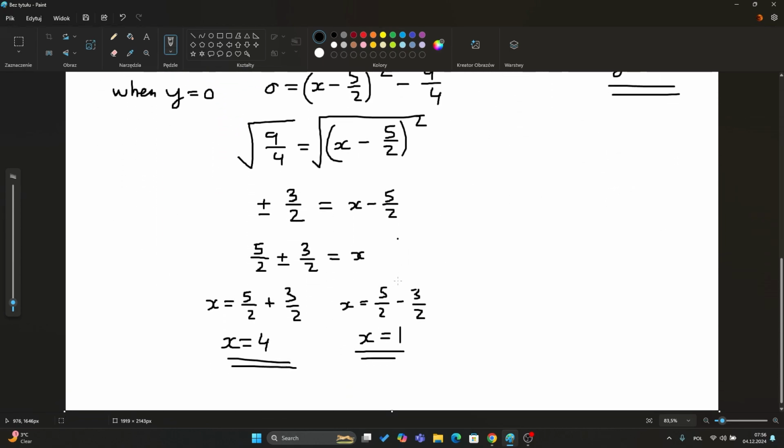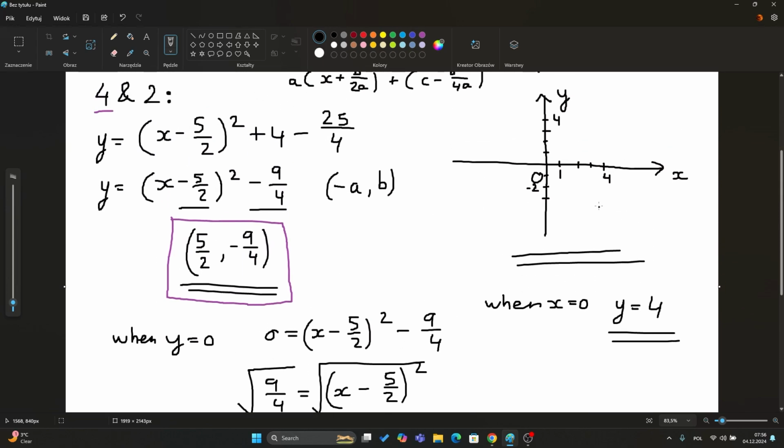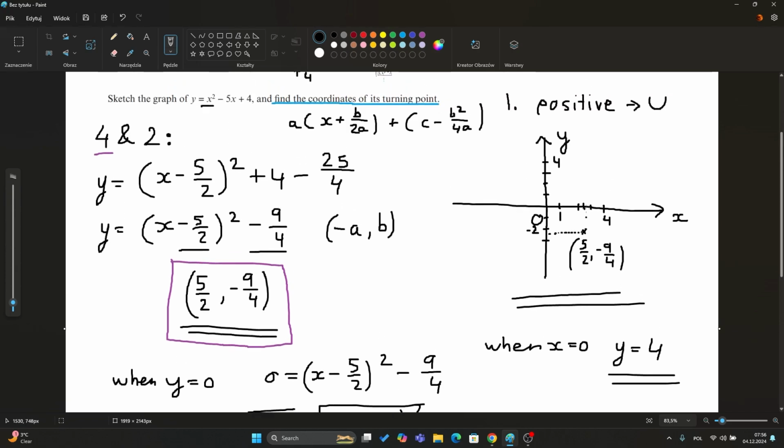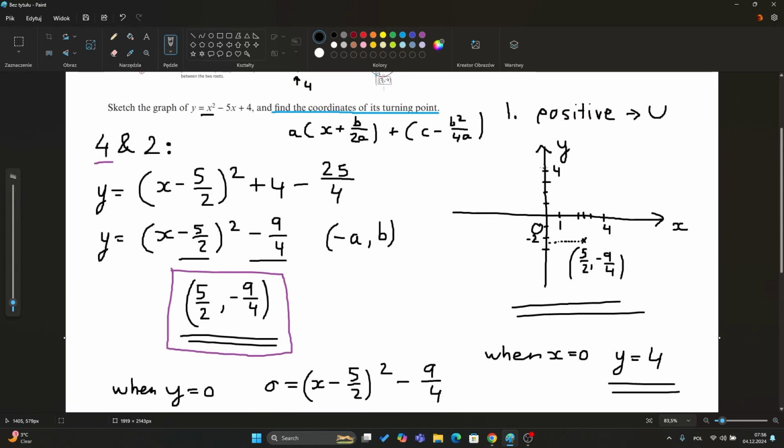Now we need to put the turning point, which is 2.5, which is here, and minus 2 and a quarter, which is around here. So this will be our minimum point. And we draw the graph touching all the points, which is like this.